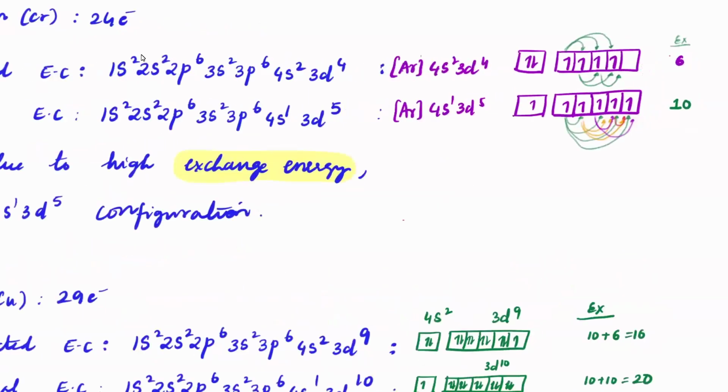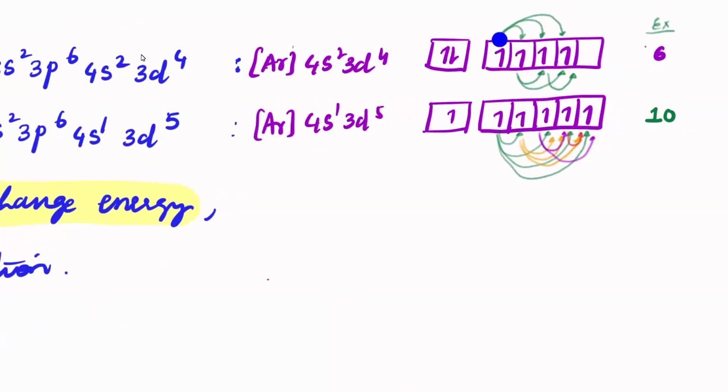You can see exchange can be explained on the basis of how easily electrons can move around degenerate orbitals. Degenerate means orbitals having the same energy. Now this orbital and this orbital have the same energy.